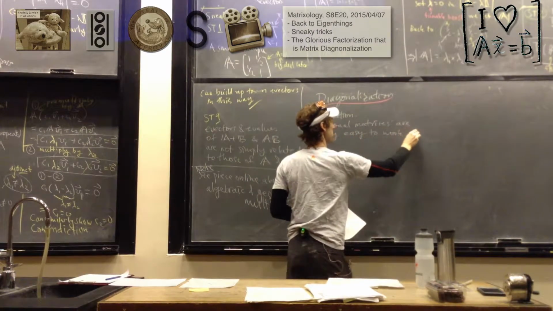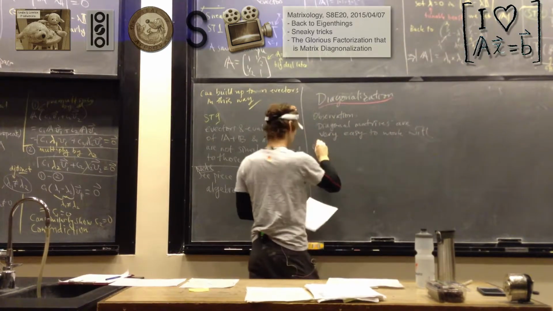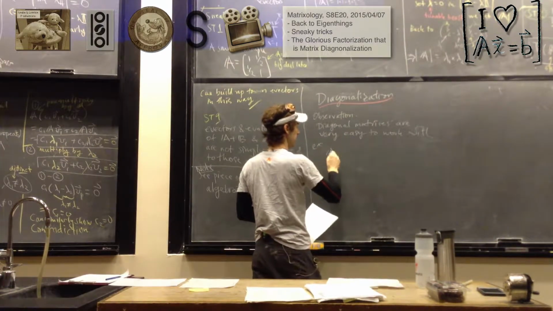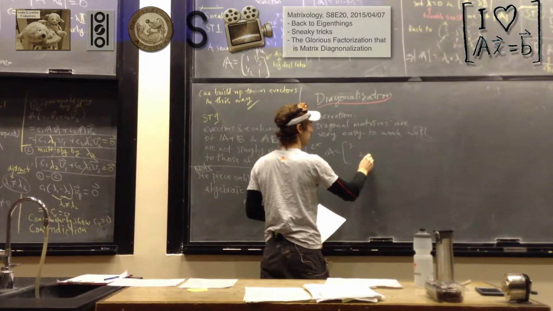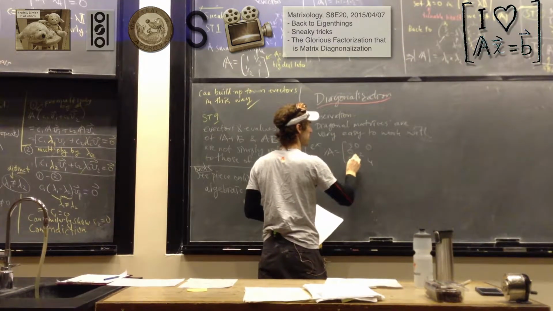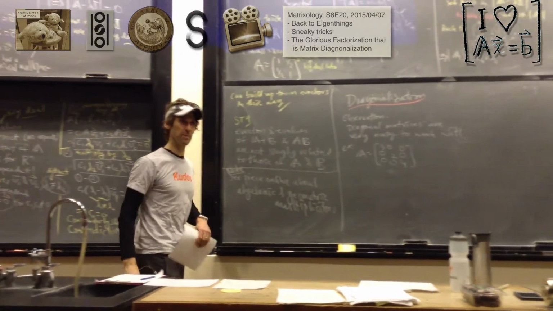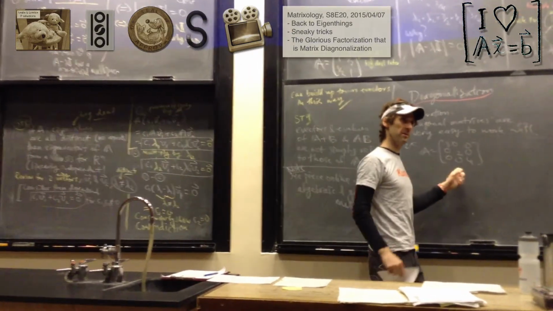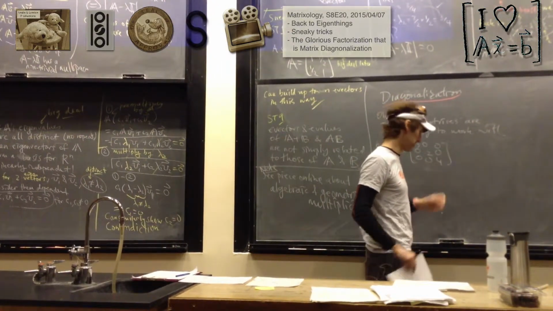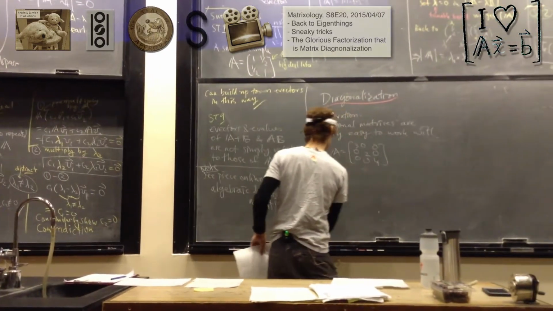Let's imagine we've got this one. Here's our example. A equals 3, 2, 4. That's it. So it's diagonal. It's zeros everywhere else. And the great promise is that we can actually find this kind of structure in many, many matrices.